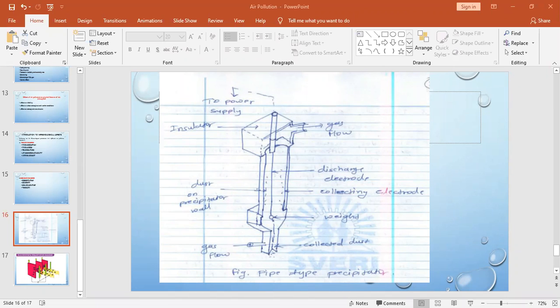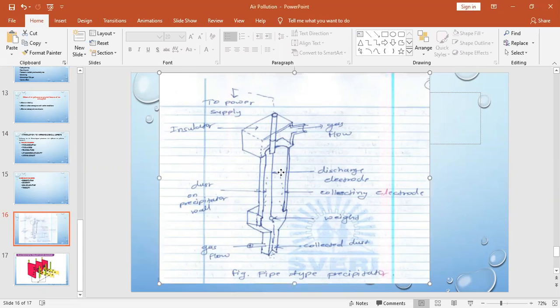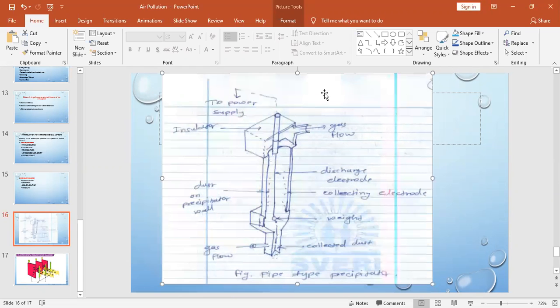Either you can go for automatic cleaning, or you can go by the mechanical method. Mechanical method in the sense, what you need to do here is scrapping of the inner side. You can attach a scrapping device here.